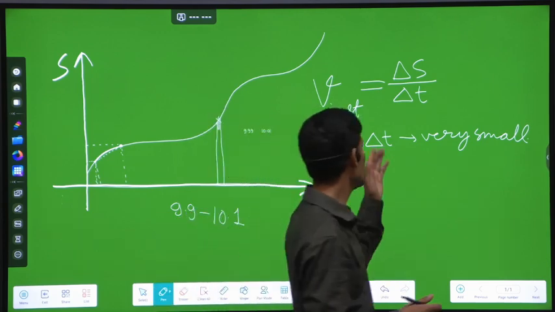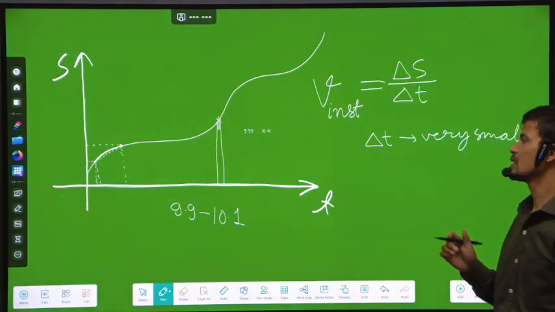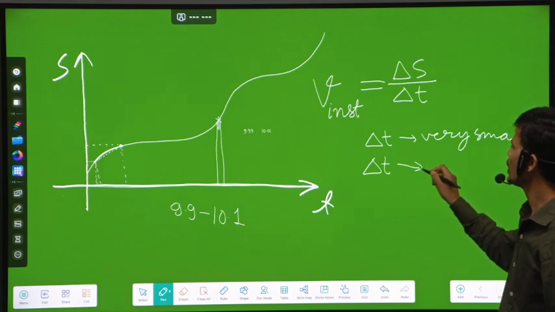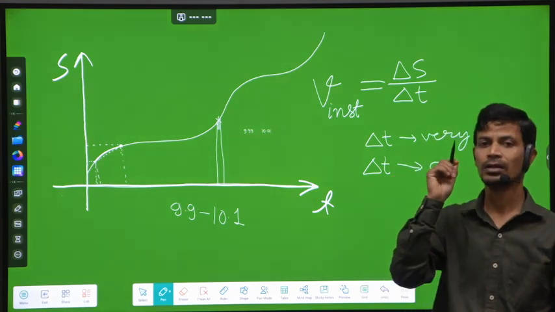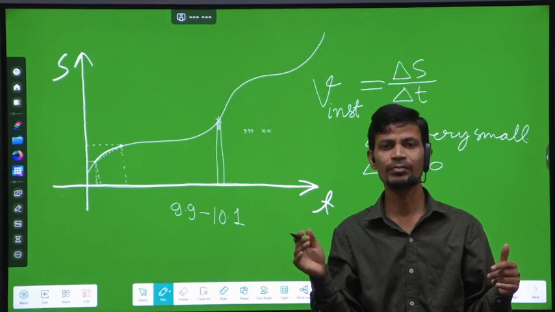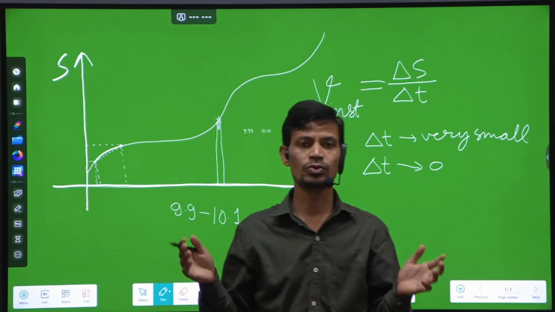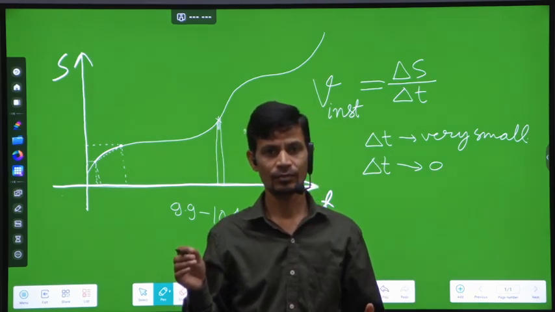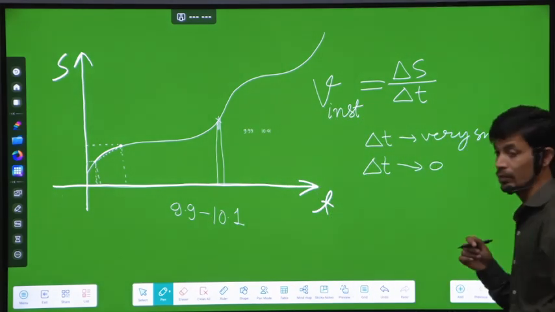If we are able to reduce it to a vanishingly small value, in which delta t tends to 0, then we are exactly measuring. I mean, exactly is again a subjective term, but of course, we are too close to find instantaneous velocity if delta t tends to 0.